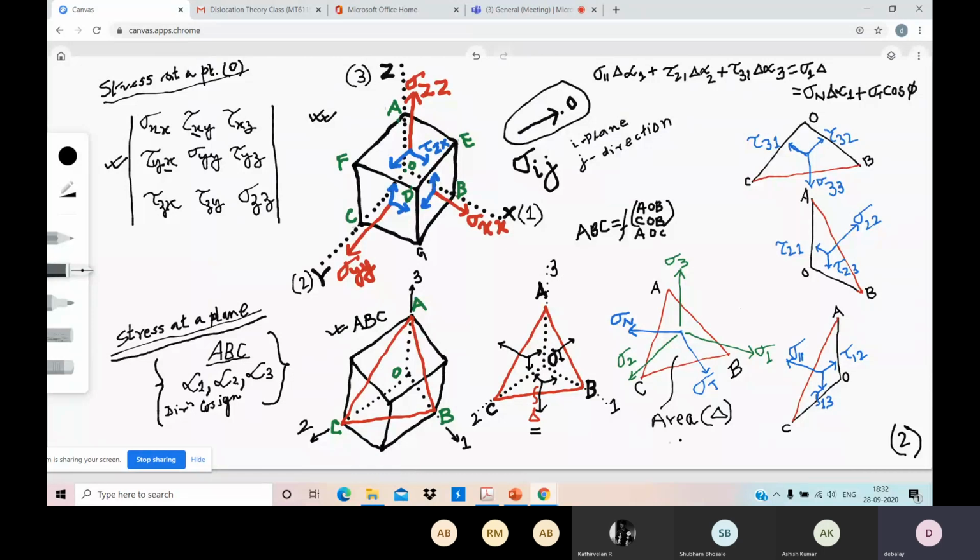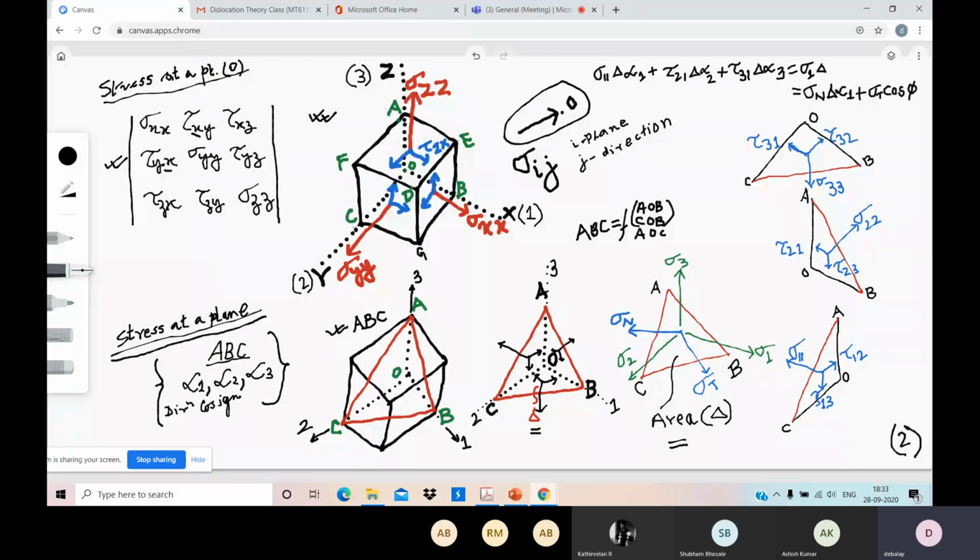So in the next picture, I am just showing how the resultant stresses on the ABC plane can be represented. You can either represent the stress on the ABC plane by two components.